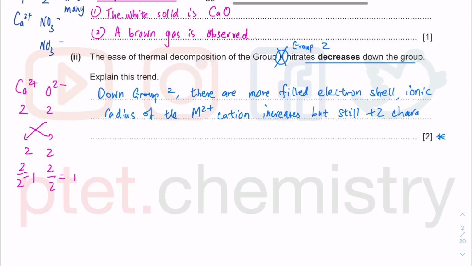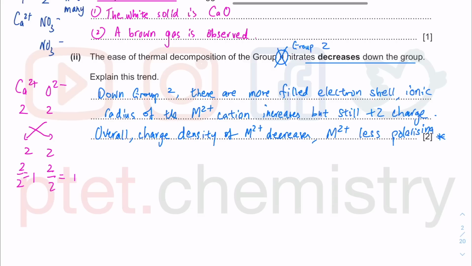So overall charge density would decrease going down group 2, because your charge is the same, charge over size, but your size is getting bigger. Charge is the same divided by size getting bigger, so your charge density of M2+ decreases, and therefore the M2+ become less polarizing.